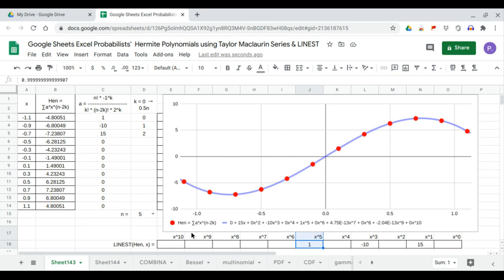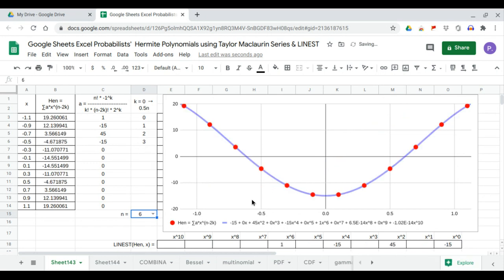At n equals 6, Hermite polynomial y is minus 15 plus 45x squared minus 15x to the fourth plus x to the sixth.